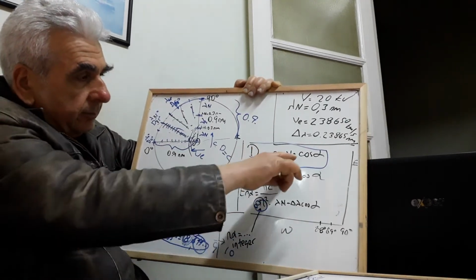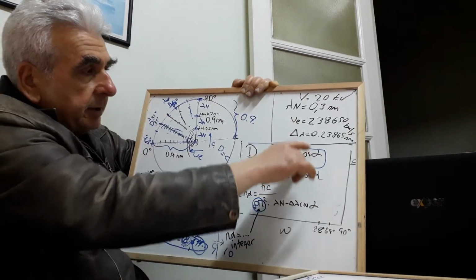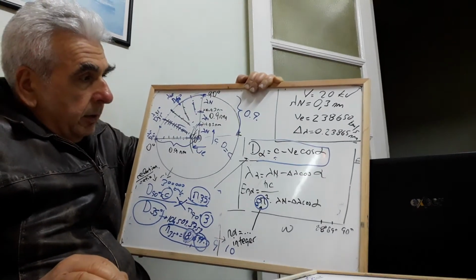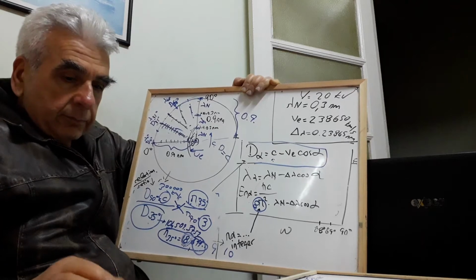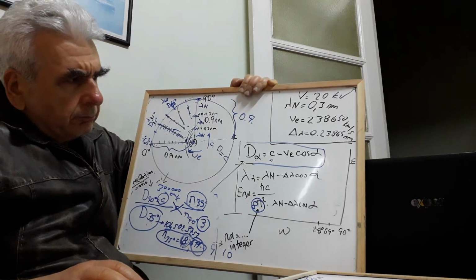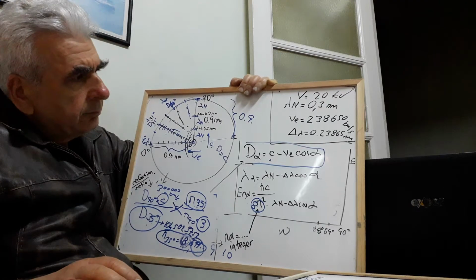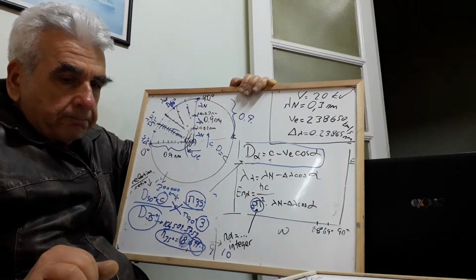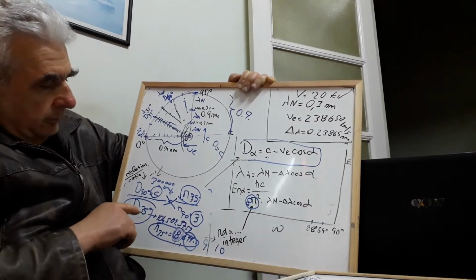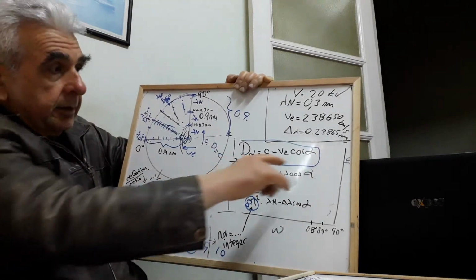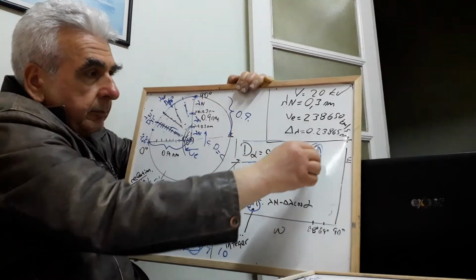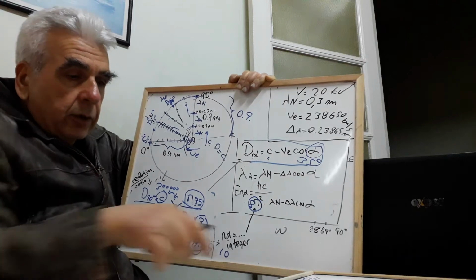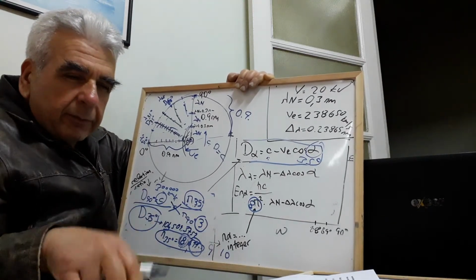Now we account lambda n minus delta lambda cosine alpha. Quickly. 0.23865 multiplied by again cosine alpha, 35 degrees. What was cosine 35?